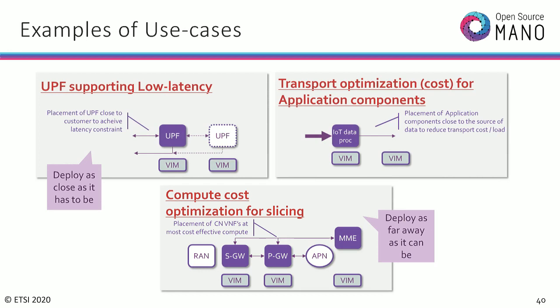Or we may want to reduce the compute cost for slicing. For example, we have an EPC network for a particular network slice, and we can deploy certain of those components in a more central and more cost-efficient location, whilst others need to be closer to customers. This is just a couple of examples of use cases.